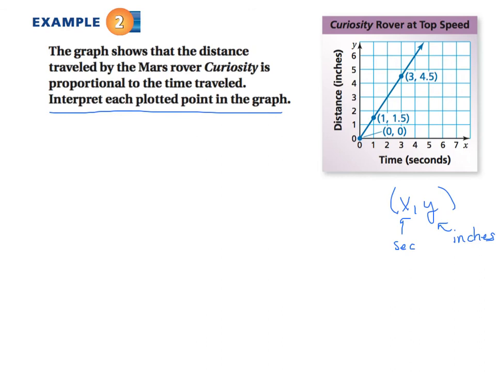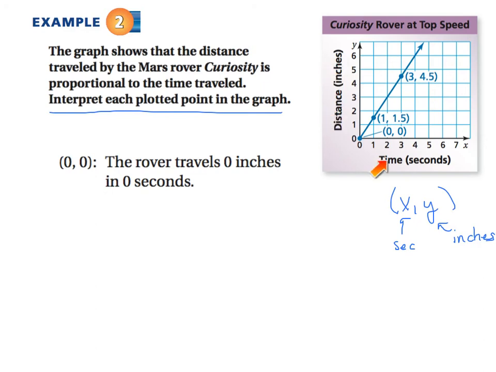This is a rate. We're comparing two things. What does 0, 0 mean? It means right here. After 0 seconds, the rover Curiosity has gone 0 inches. So the rover goes 0 inches in 0 seconds.